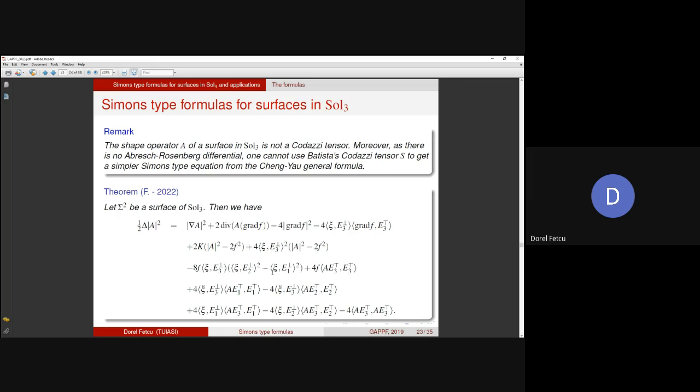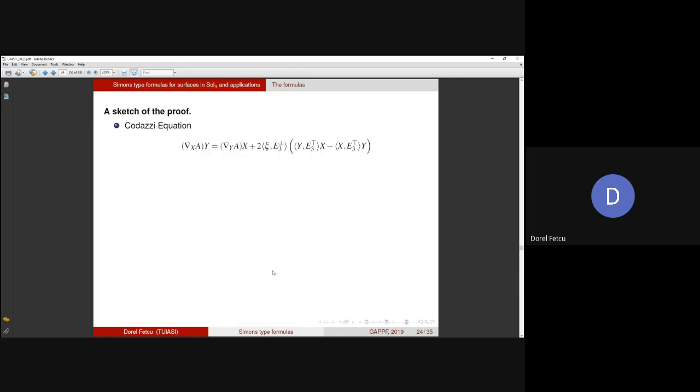So it's quite complicated to work with this formula in the exact form that is written here. In order to apply the formula in some particular cases, we will have to rewrite some of these terms. But before that, I will give a sketch of the proof.